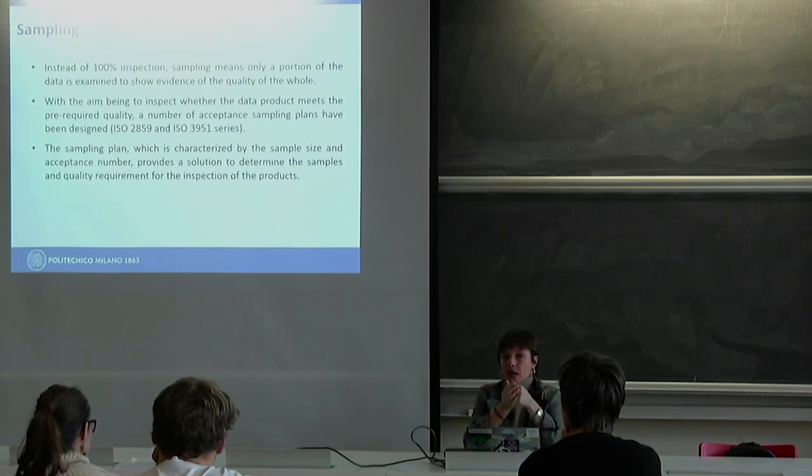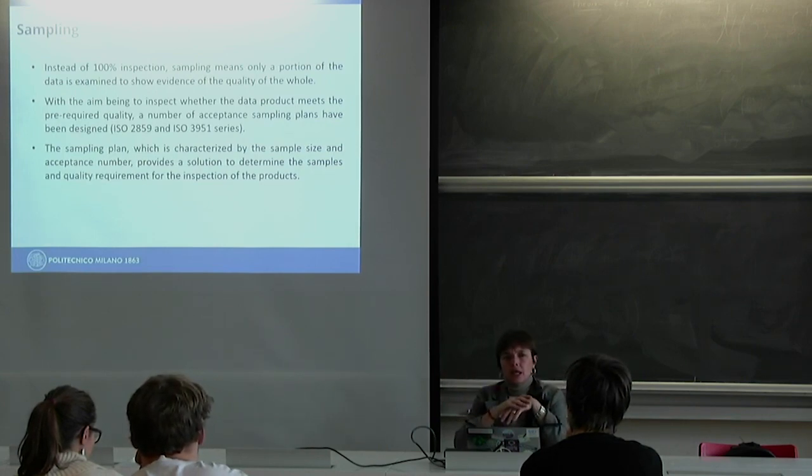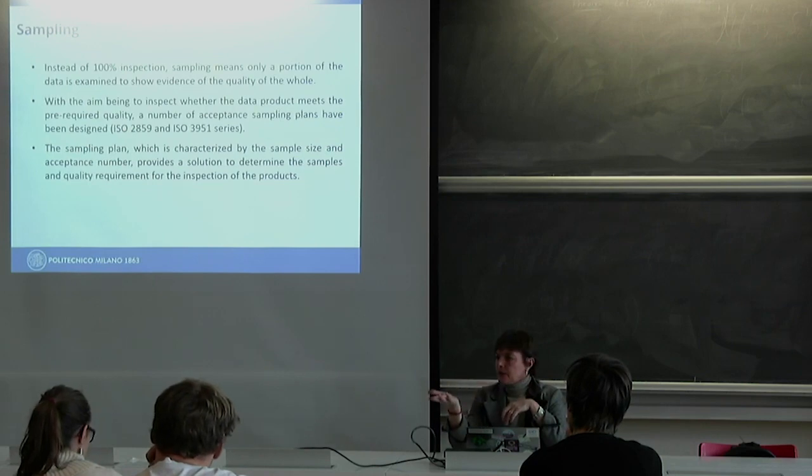We have to decide how many points, and we have to decide the strategy for sampling. We already saw some general strategies for sampling the field. We spoke about random sampling, or random stratified sampling, and so on.